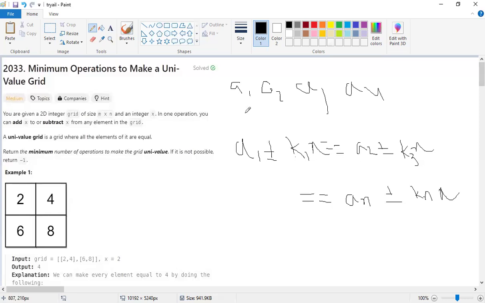If this condition is true, then we can say that this grid can be converted to a single value grid.